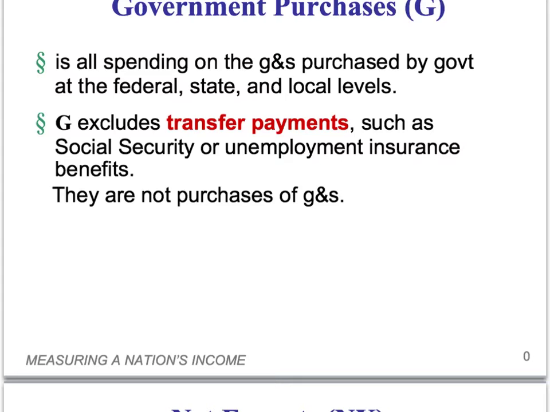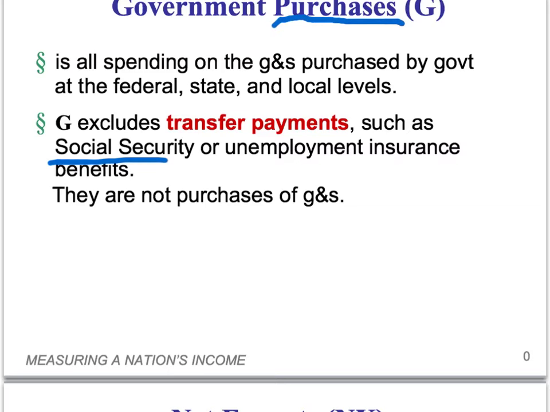Government purchases, operative word purchases. You'll also see it called government spending. Essentially it is the spending by all levels of government. But it's not transfer payments. The biggest transfer payment in the world is Social Security. That does not get included in government spending.